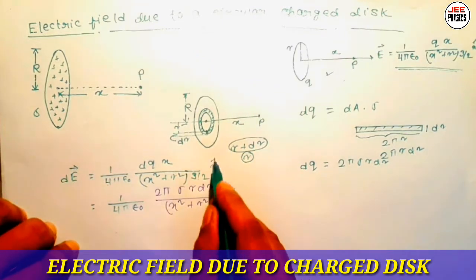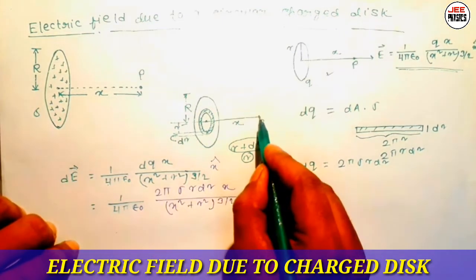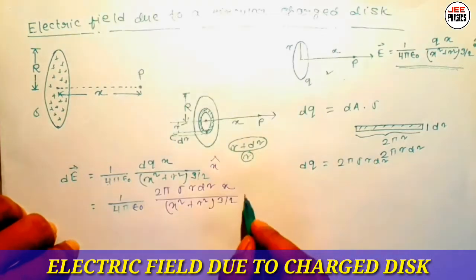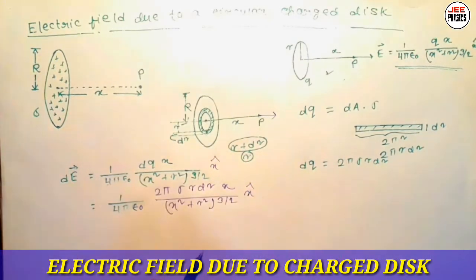Here it is the vector x cap because electric field will be in this direction, so an x cap here.